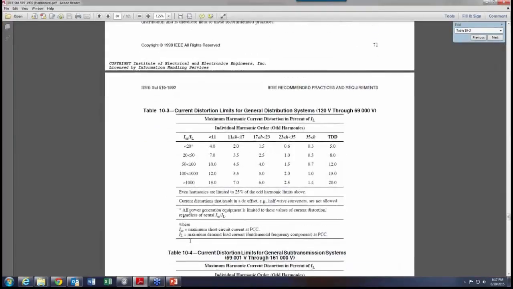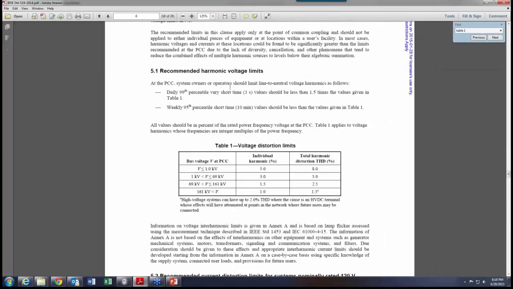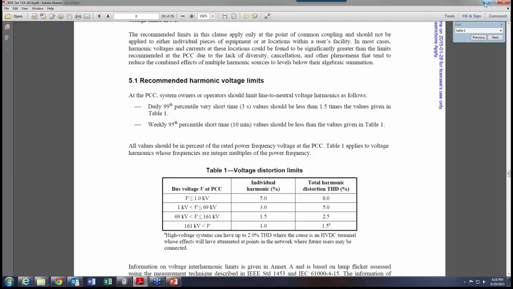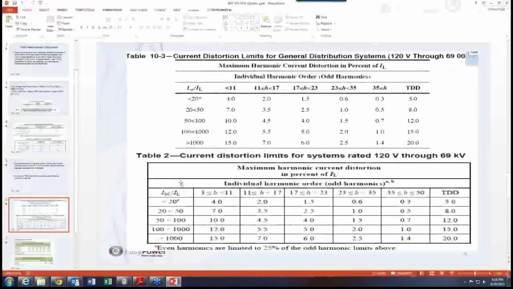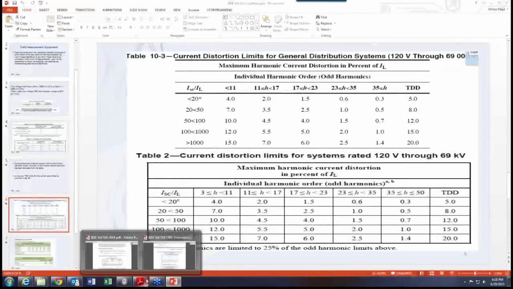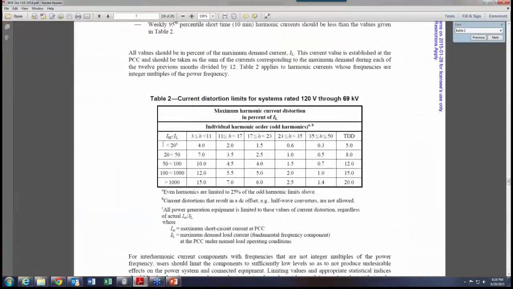I have maximum short circuit at the point of common coupling, and I have maximum demand load here. And I'm going to go here and look at the table. I forgot which table it was. Table 2. Here, as you see, the second harmonic is excluded. It goes all the way to the 50th order.